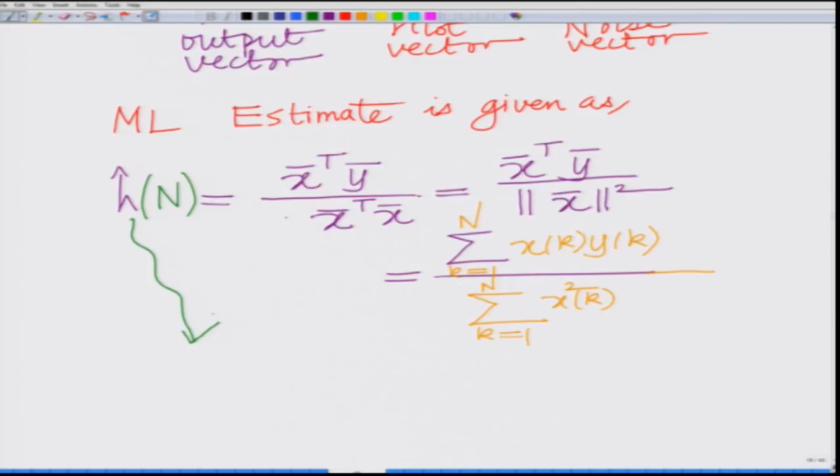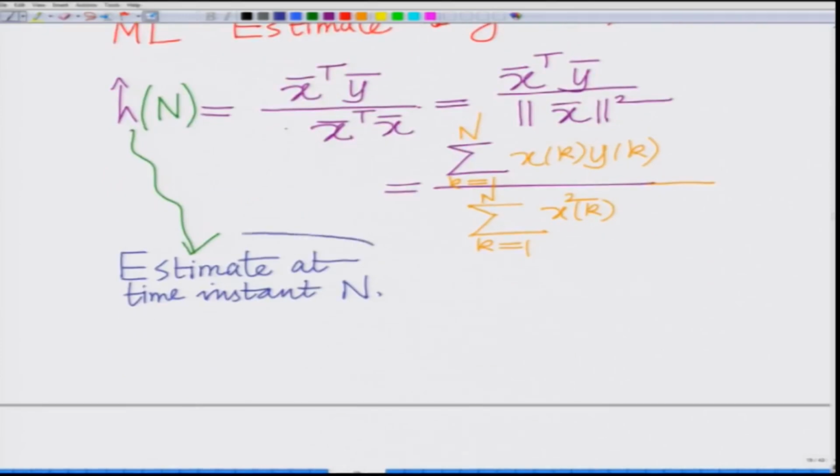So, h hat becomes h hat of n, which denotes the estimate at time instant n.